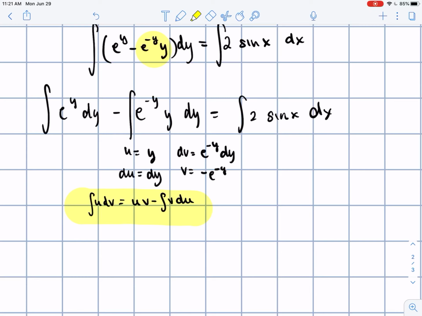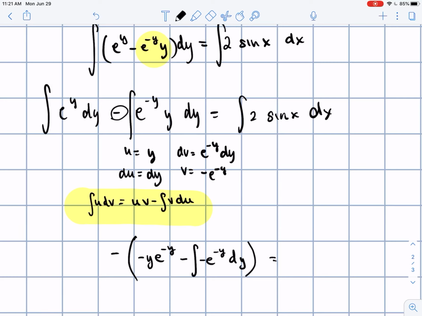Okay, so let's see what this is. So minus, I'm taking the minus from above, right? Don't lose that minus sign. And I have uv, so negative y e to the negative y, uv, minus v du, which is dy.